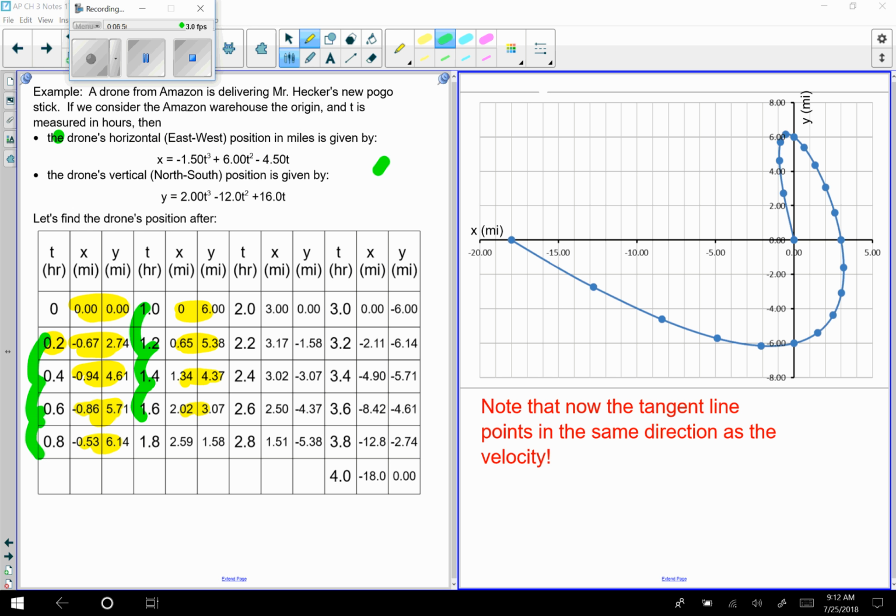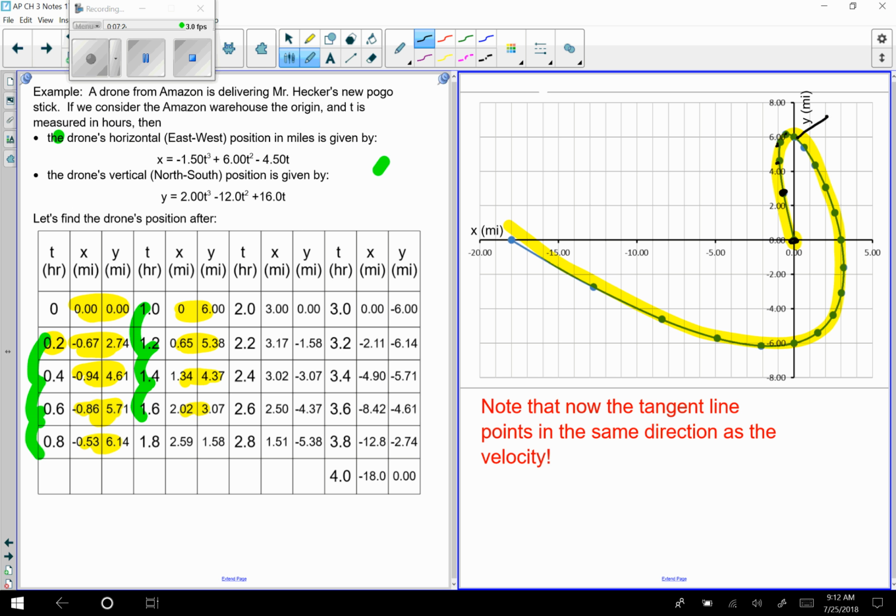If you do that, you get this pattern that I've got over here, okay? So we're starting at a position of 0, 0, and then around like this, right? Each dot represents 0.2 hours, or rather, they're 0.2 hours apart, would be the better way to say that. So this is at t equals 0, t equals 0.2, 0.4, 0.6, 0.8.